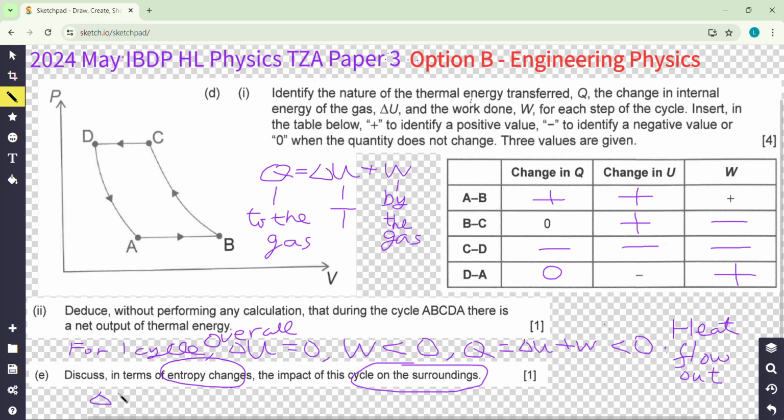So you have to show that. Remember, entropy change is heat Q over T, and then there's a net increase of Q for the surroundings.